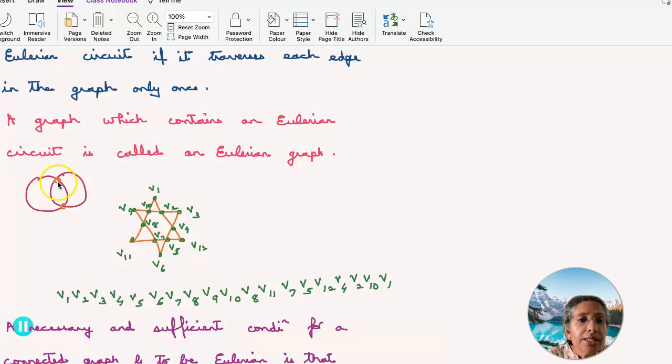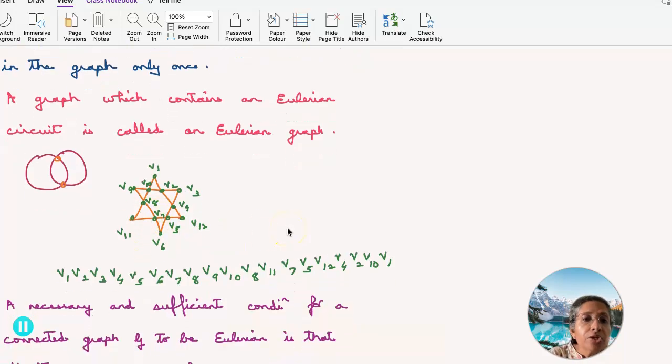You can see that this is an Eulerian graph here, and this is also an Eulerian graph. I will show you the path.